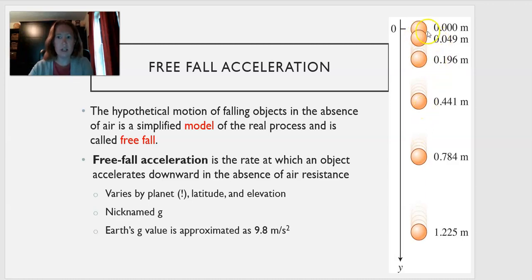These are equal intervals of time, and this has been labeled with the distance that it falls. I don't remember what the time intervals are here, but they've labeled the distances so that you can see it's not falling an equal amount of distance because it is accelerating.